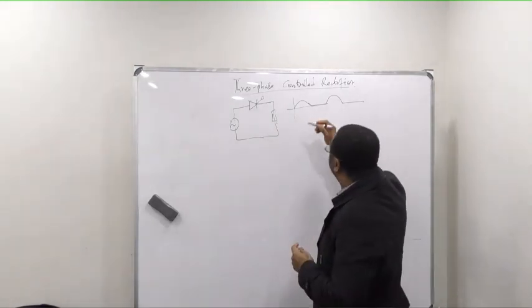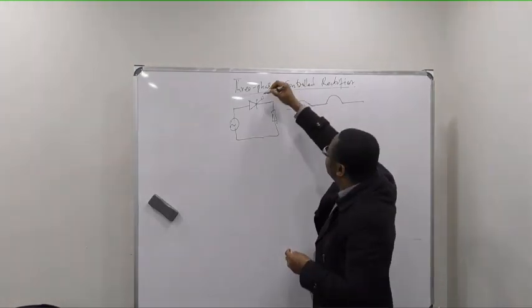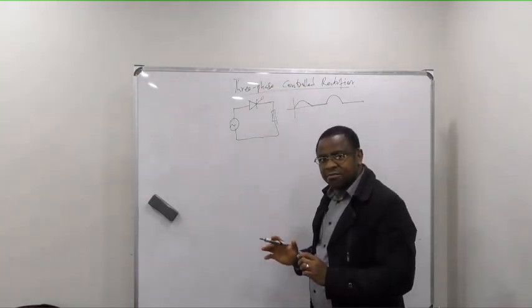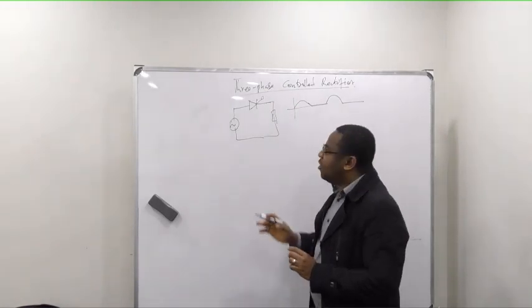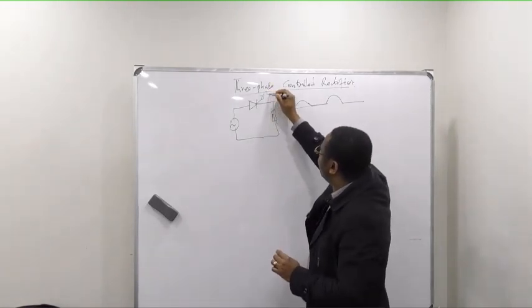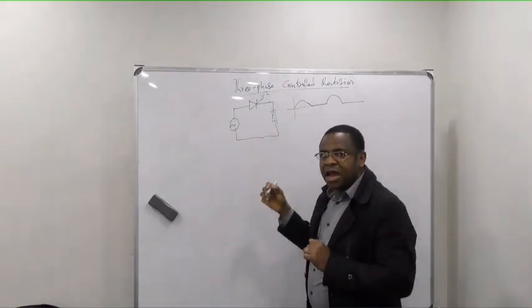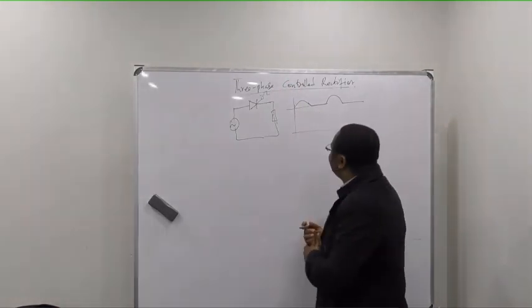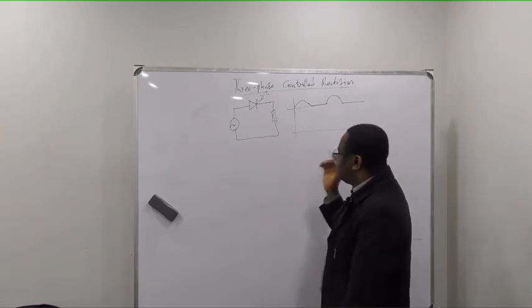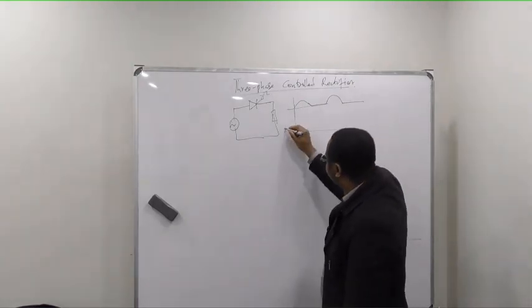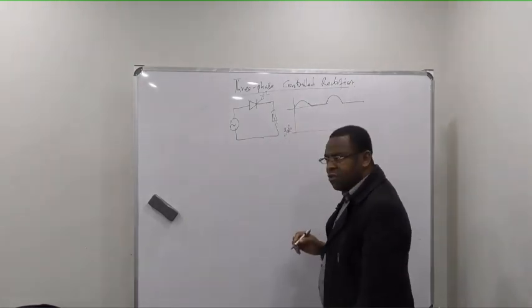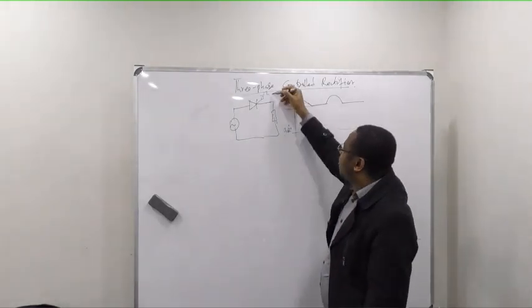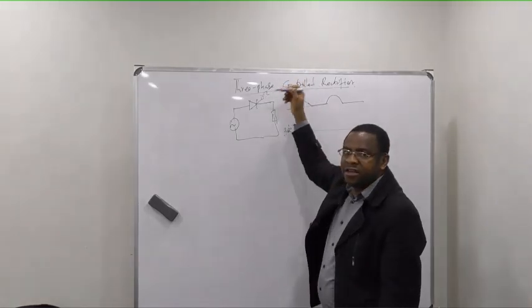Remember that if there is no signal here, the diode cannot conduct. It's only when you have a signal in there that it can conduct. So let me look at the gate signal, and how the output will look when I have a firing angle or a gate signal.